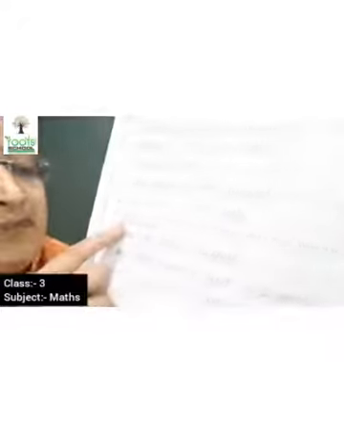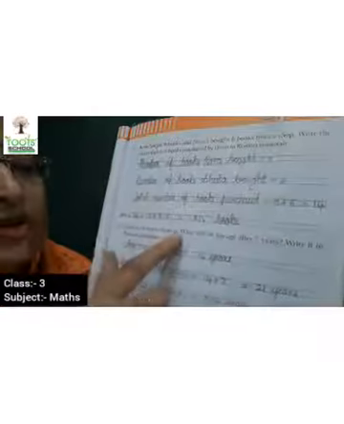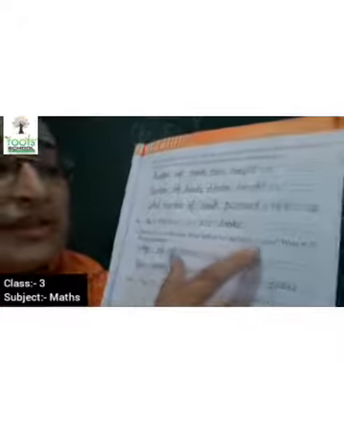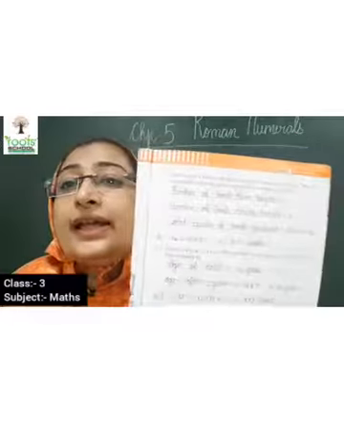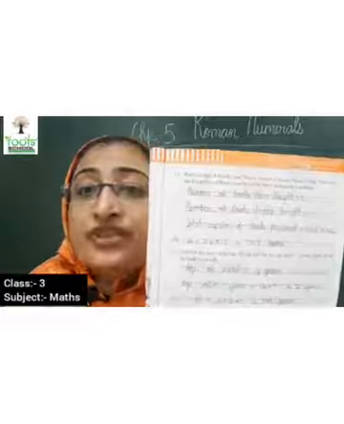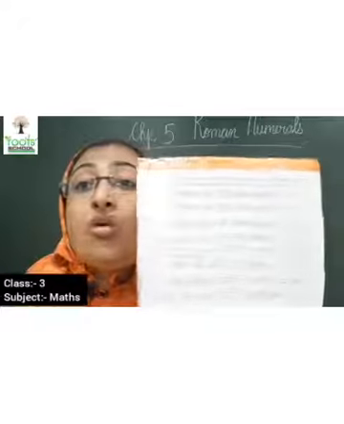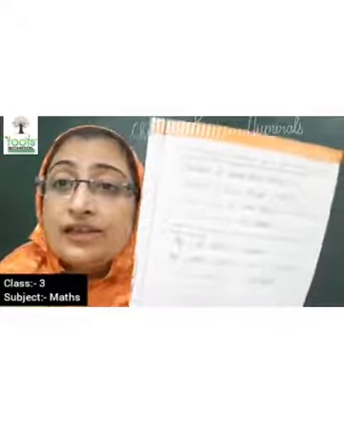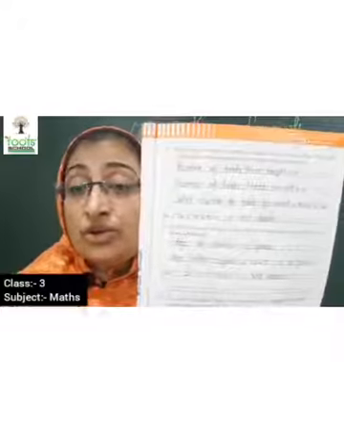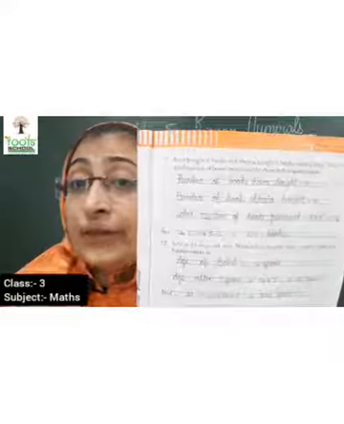Now sum number 12. Sahil is 14 years old now. What will be his age after 7 years? What is the question asking? That right now the age of Sahil is 14. What is his age going to be after 7 years? For example, if I ask you, what is your age right now?